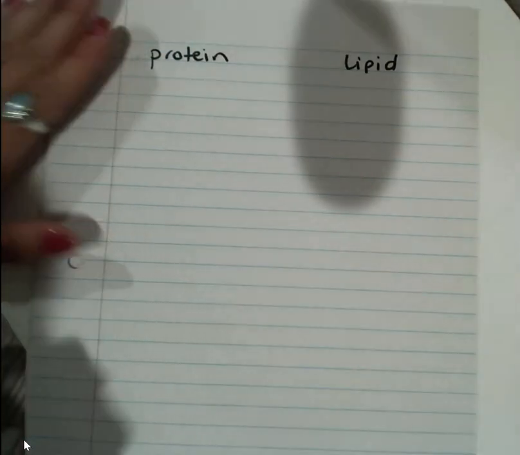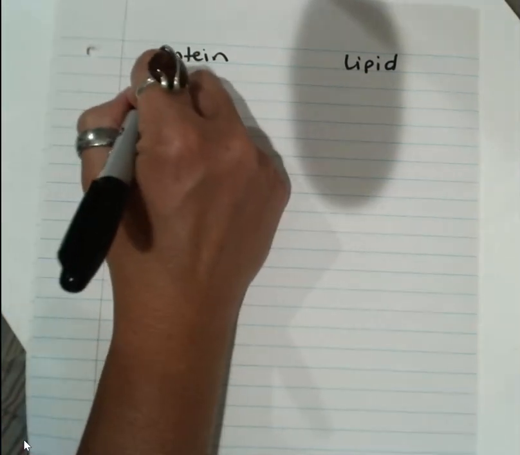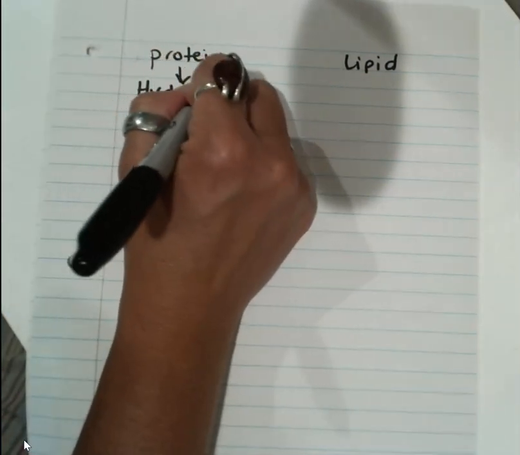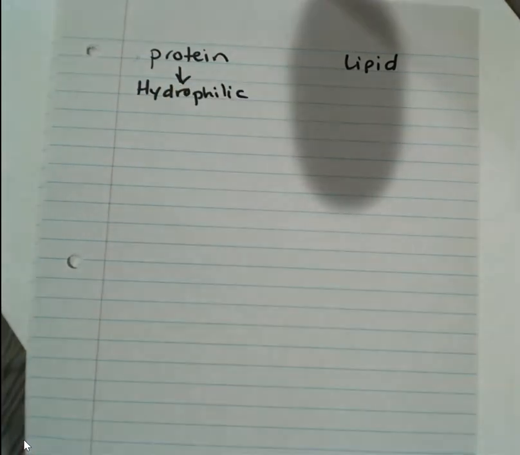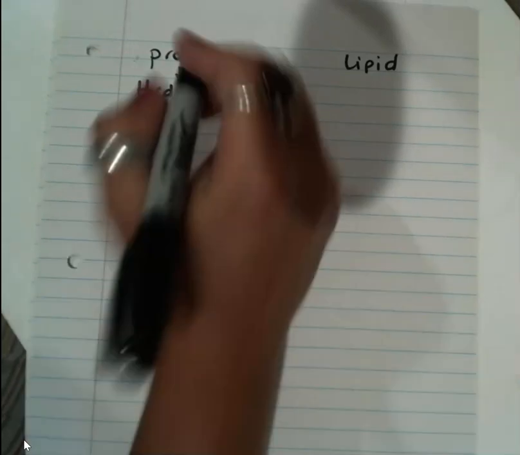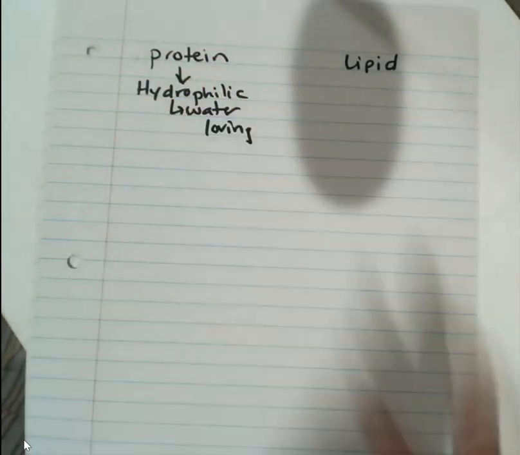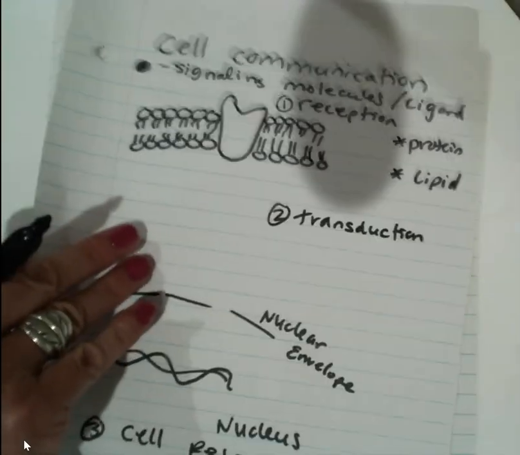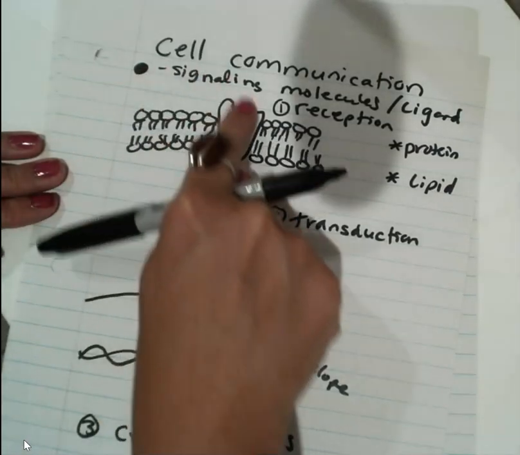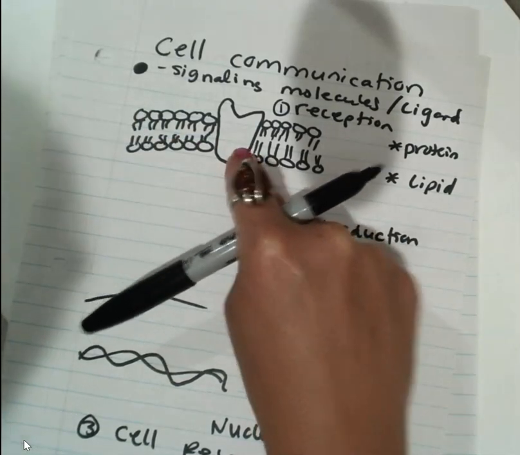If it's protein-based, sometimes it could be referenced as a hydrophilic ligand. Hydrophilic means water-loving. And that is a clue that that ligand is going to attach to a membrane-bound protein receptor.